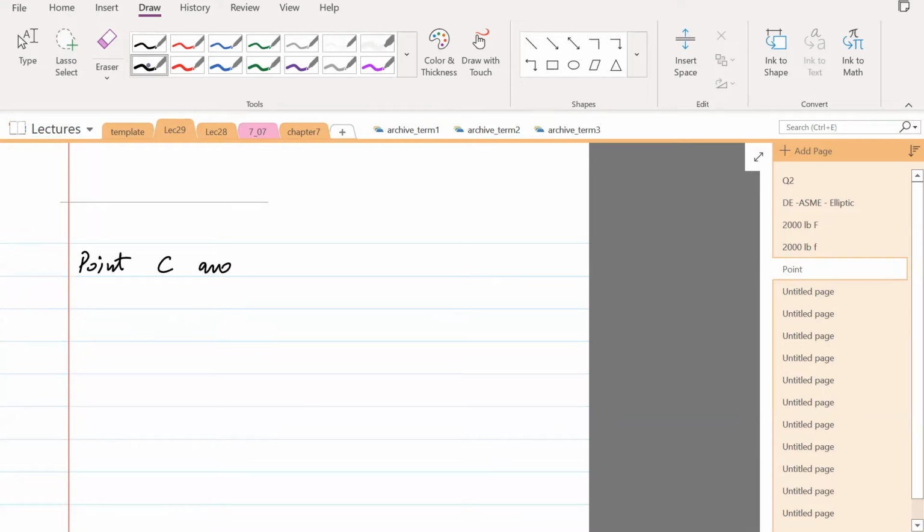Point C and point D are possibly critical locations.